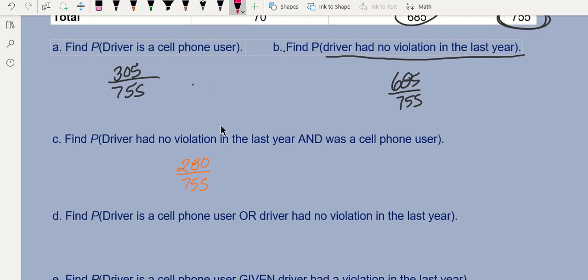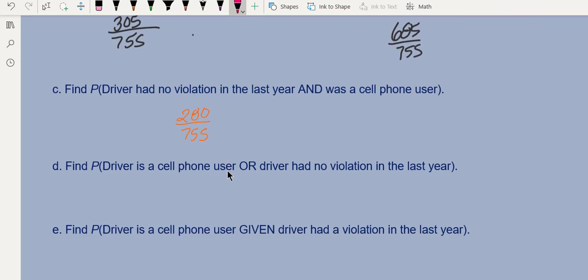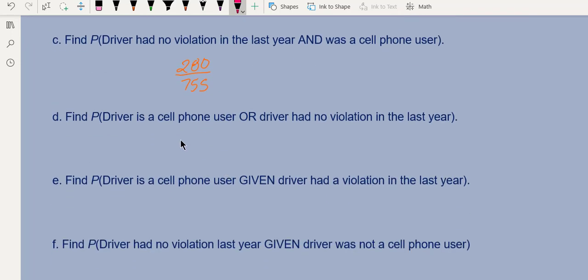Okay, so my next question asks us to find the probability that the driver is using a cell phone, or, here's the key word, or the driver had no violation in the last year.